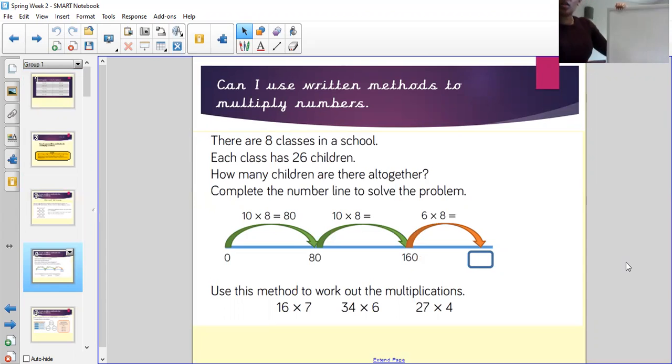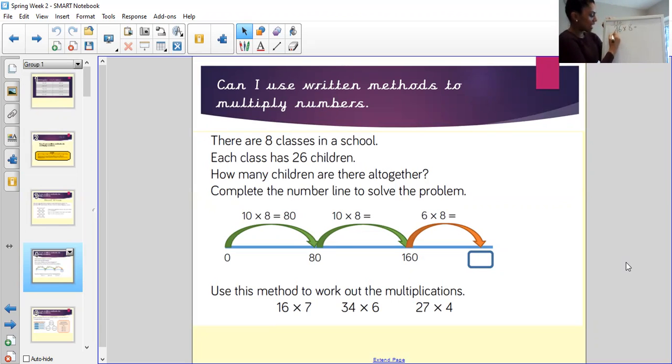Okay, let's have a look on the board. So we've got the question itself. I find it easiest to write it down. So I'm going to show you the first one. 26 times by 8 equals. So remember I showed you last week how we split the number. So we have tens and we have ones.